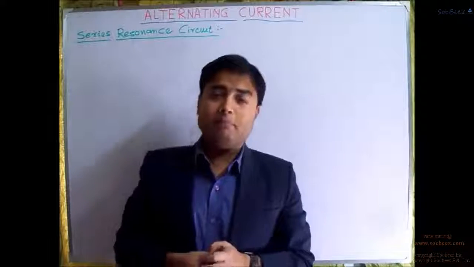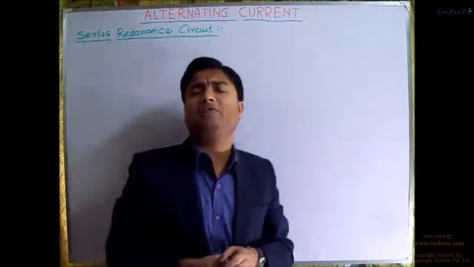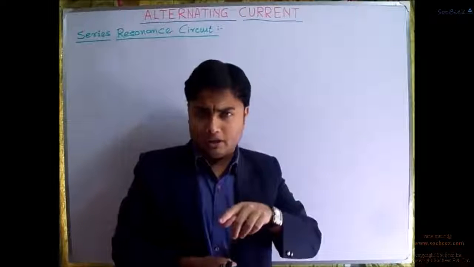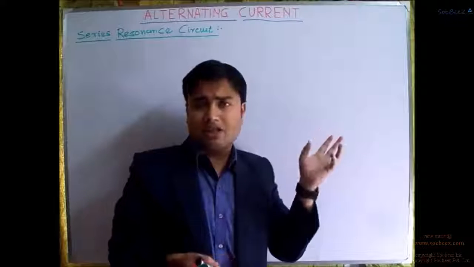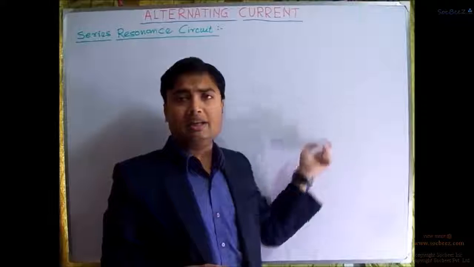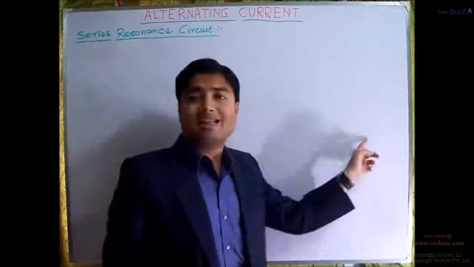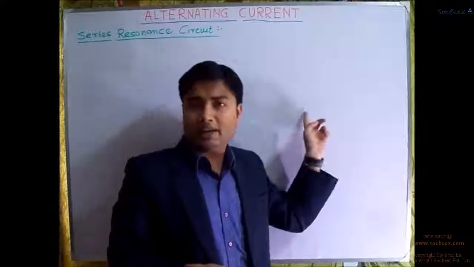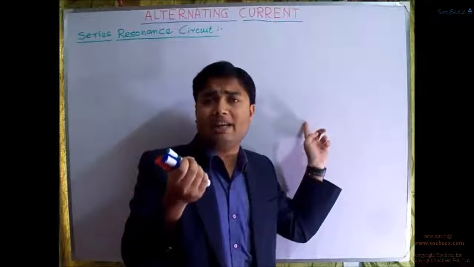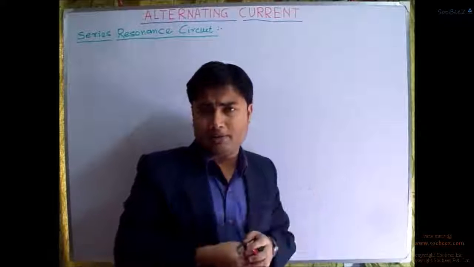So, for example, at a frequency of 40 Hz the current, which oscillates like a sine wave, has a value of say 20 ampere.